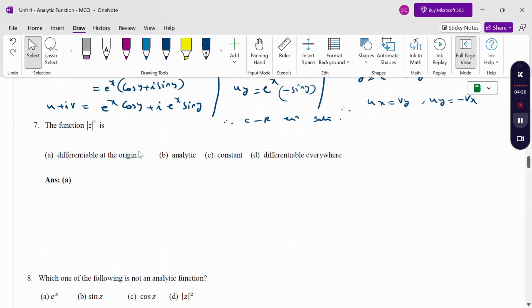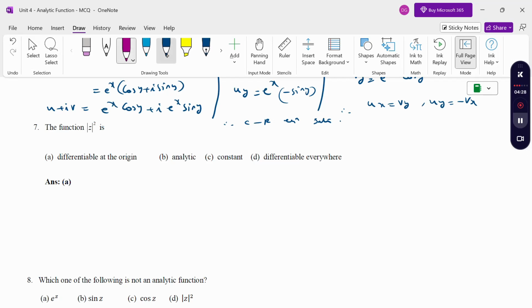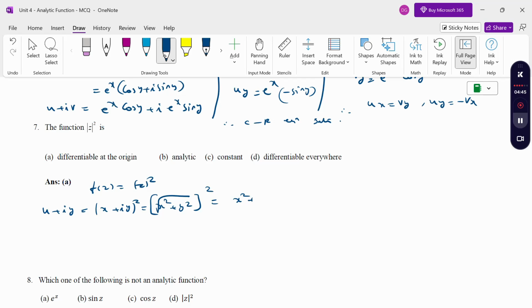And the function modulus of z whole square, see here f of z is modulus of z square. Now u plus iv equal to x plus iy modulus square, equal to x square plus y square square root, then whole square. This is x square plus y square when the square root is removed.